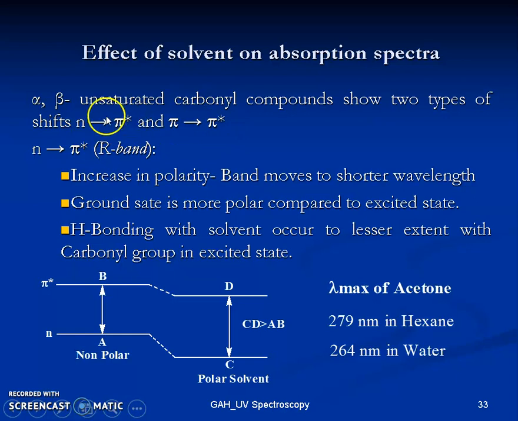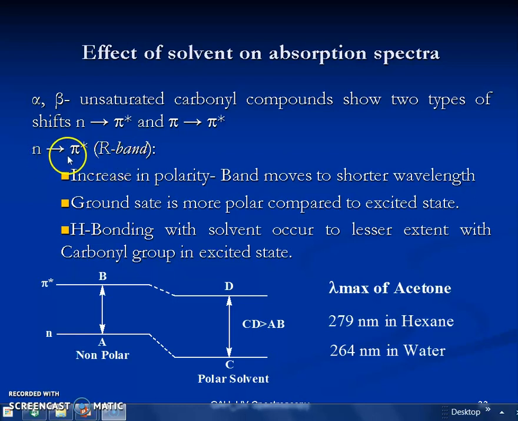The n to pi star is because of the electronegative atom that we have in the carbonyl group, and the pi to pi star transition is because of the double bond in the carbonyl group. So basically we tend to see these two types of electronic transitions.